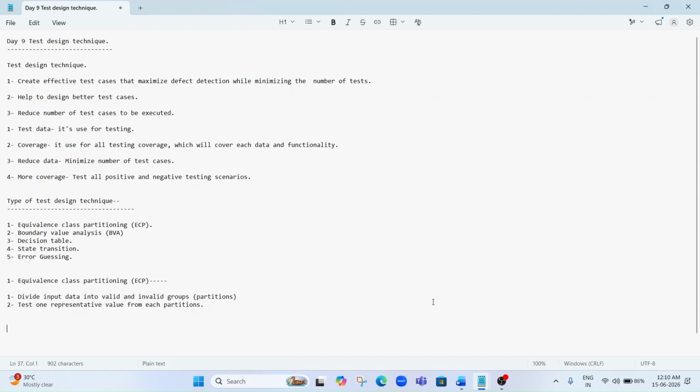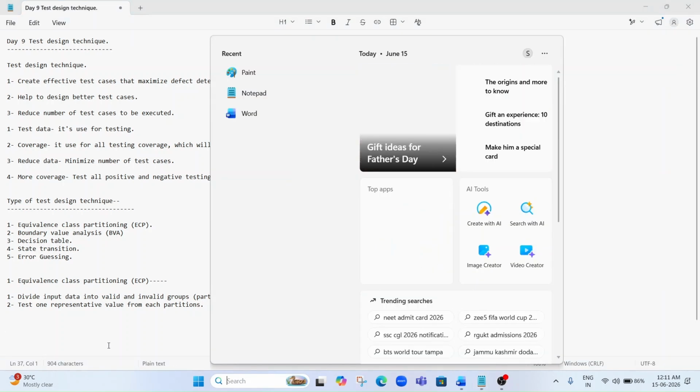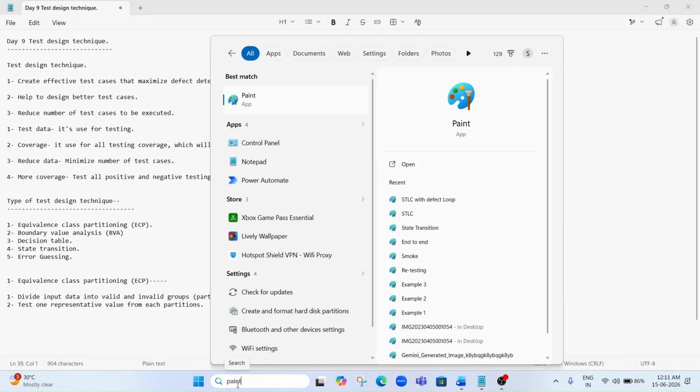There is an example that I will show you. Let me create a scenario.